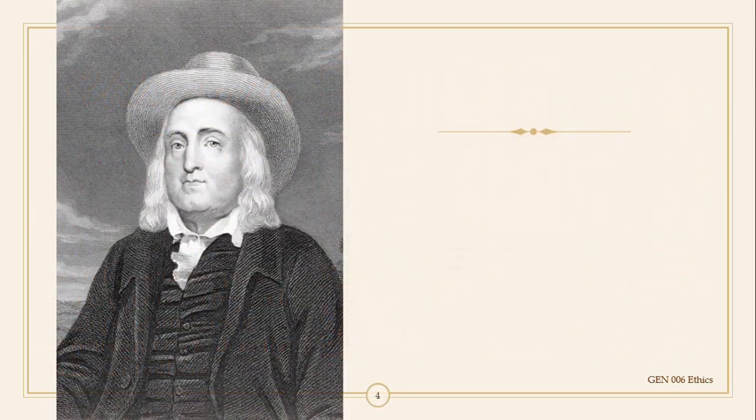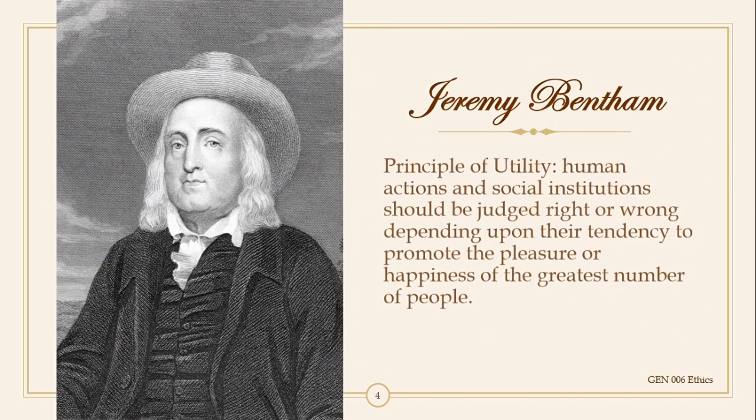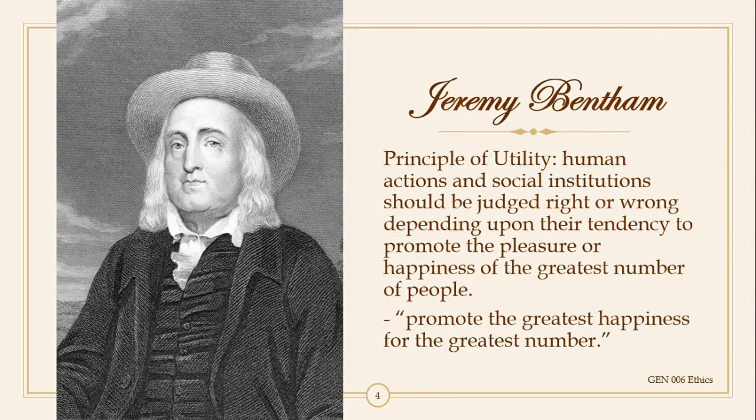Now there are two philosophers who are advocates of utilitarianism. We have Jeremy Bentham and John Stuart Mill. Let's start first with Jeremy Bentham. Jeremy Bentham describes his greatest happiness principle. Remember that these two philosophers focus on utilitarianism, the greatest happiness for the greatest number of people.